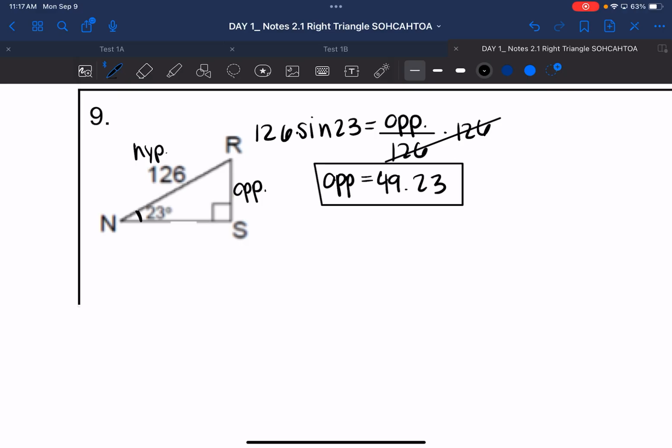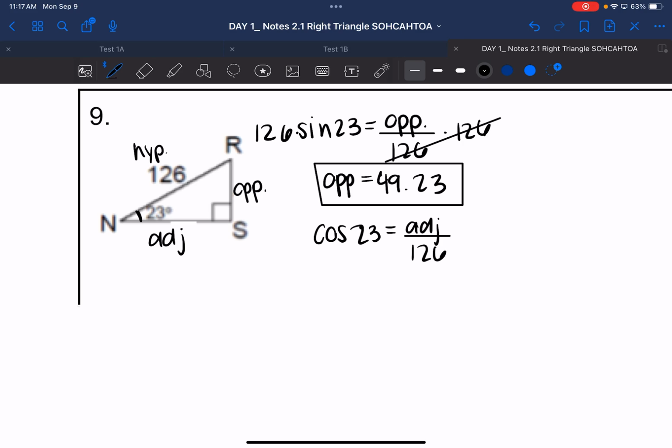So we found opposite. What do we still need to find? Adjacent. So which trig ratio should we use for that? Cosine. So cosine of 23 equals adjacent over hypotenuse.